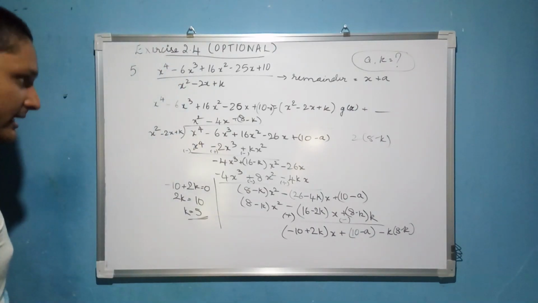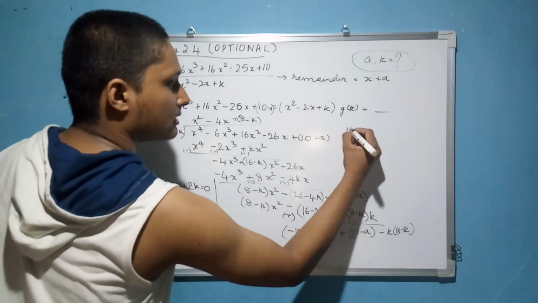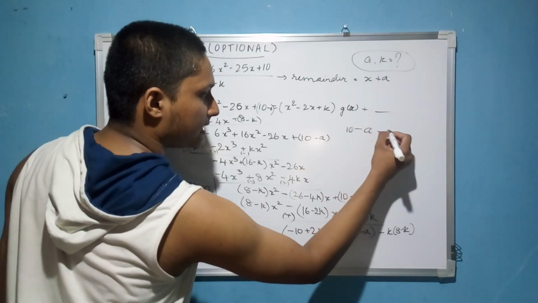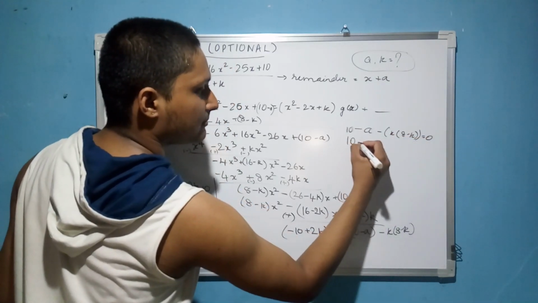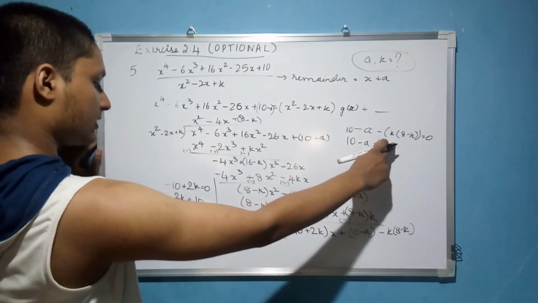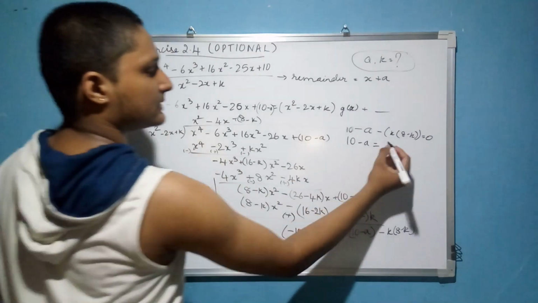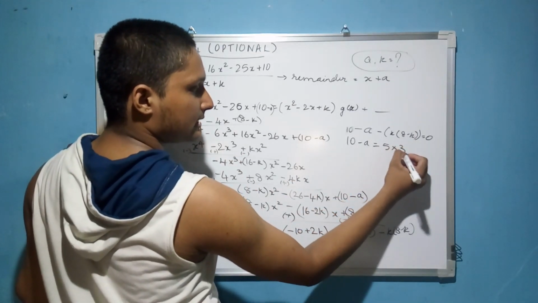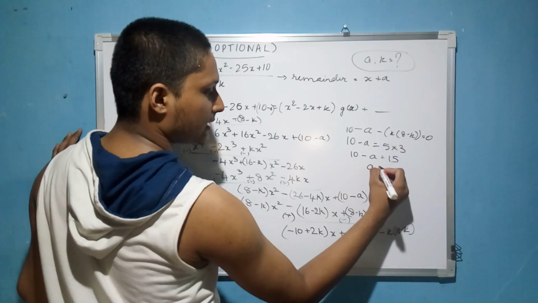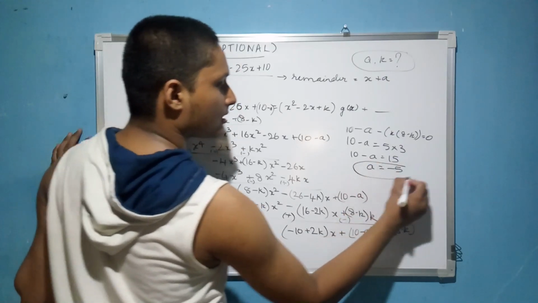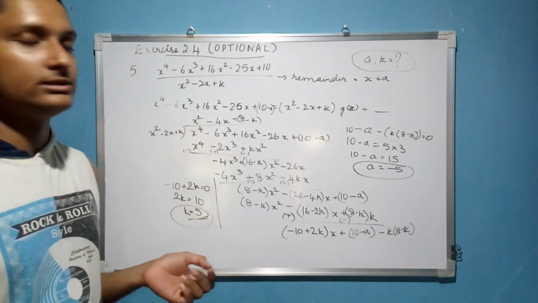So 10 minus a minus k into 8 minus k equals 0. Substituting k, the minus sign goes to the right hand side and becomes plus, so 10 minus a is equal to 5 into 3, that is 15. So a is equal to minus 5. We got k is equal to 5 and a is equal to minus 5. That is the answer for the given question. Thank you.